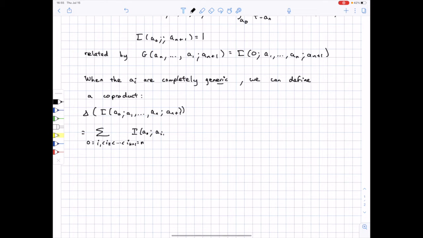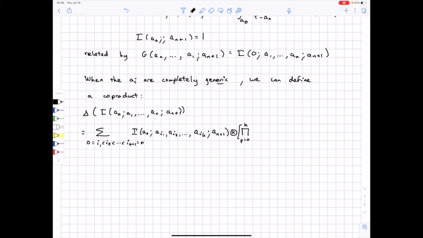It's I of a_0, then a_{i1}, a_{i2}, up to a_{ik}, with a_0 and a_{n+1} staying where they are. And then on the right side of the tensor product, we have a product over p from 0 to k.